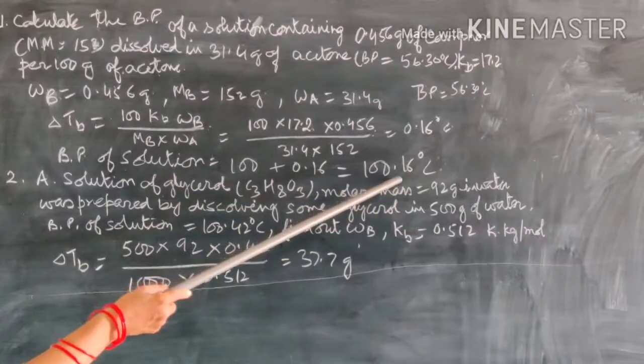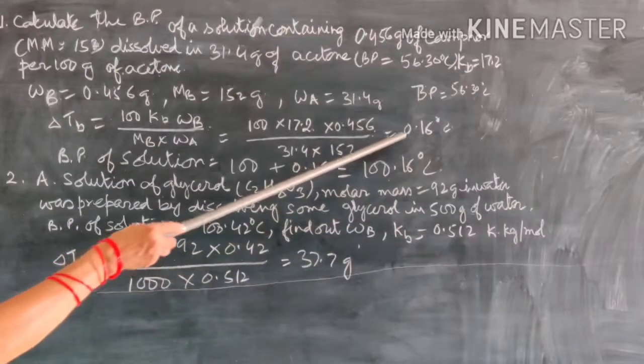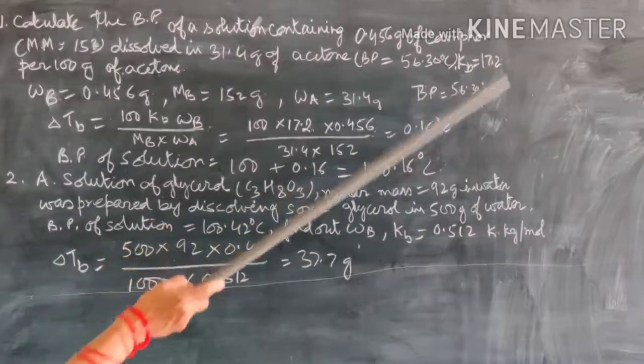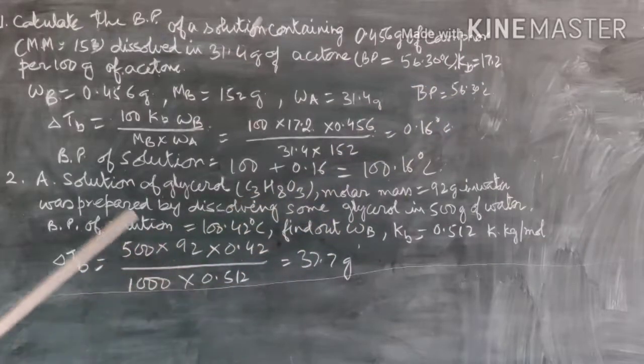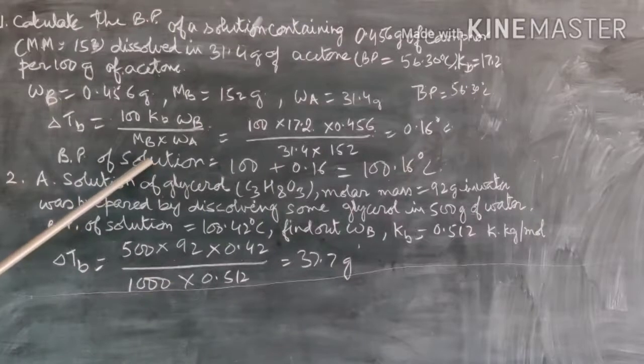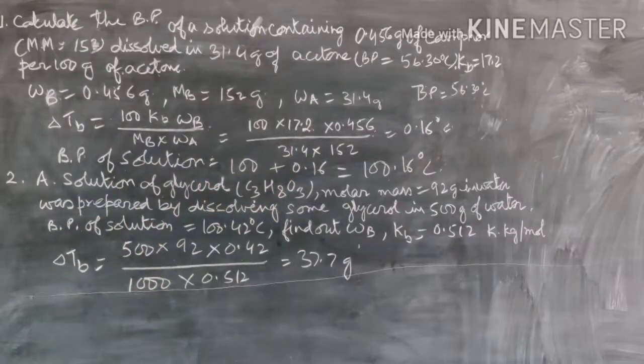The boiling point is elevated by 0.16 degrees Celsius. This increase should be added to the boiling point of the solvent to get the boiling point of the solution.